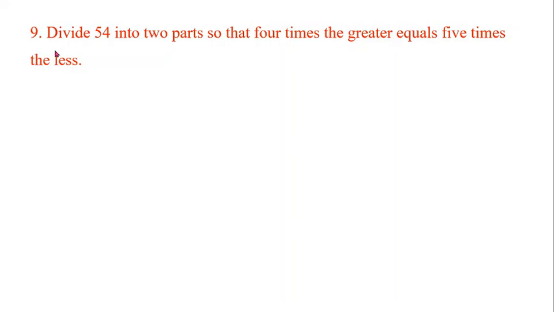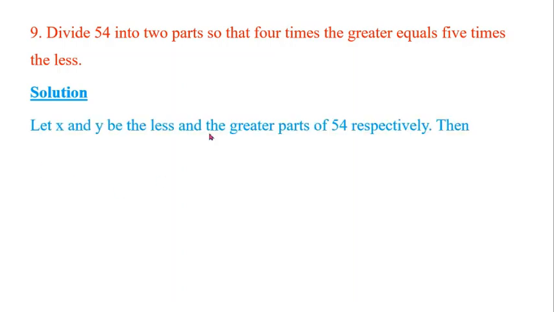Question number 9 says, divide 54 into two parts so that 4 times the greater equals 5 times the less. As a solution, let the two parts of 54 be x and y, where x is the less and y is the greater.